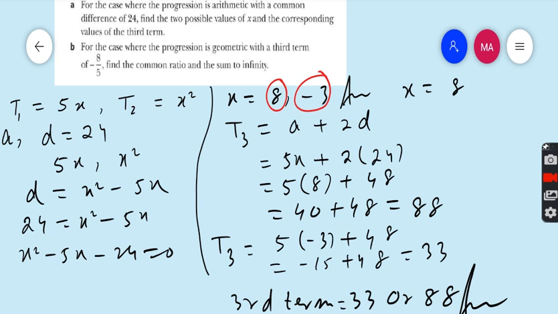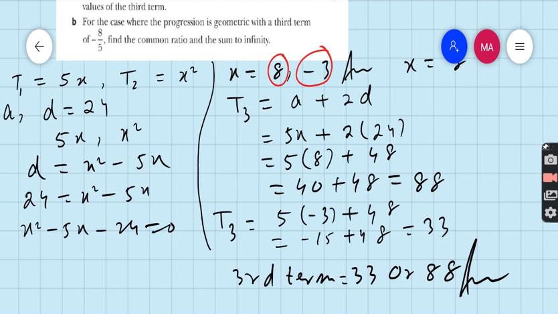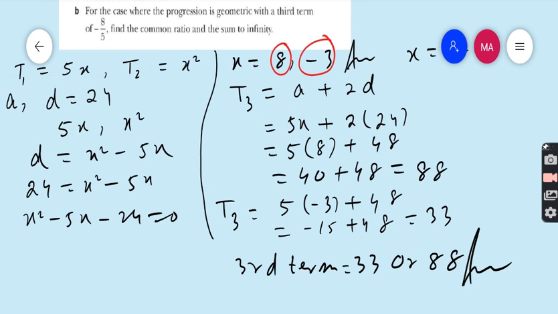Very easy. Third term, T3. We are talking about geometric. The third term is ar square.